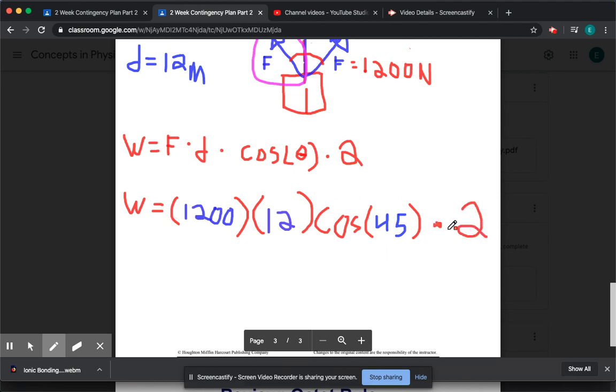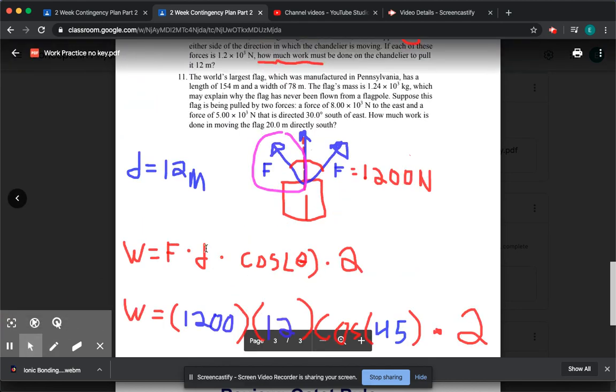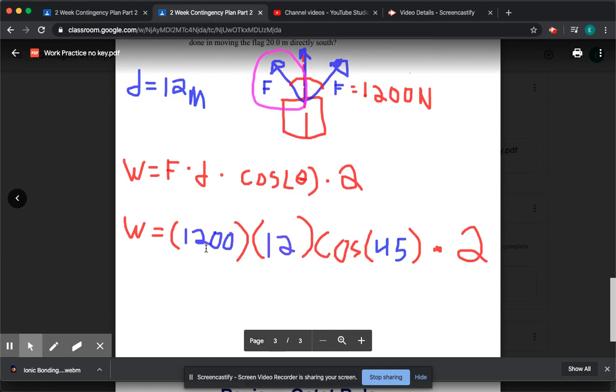You put that on your calculator, you will get your answer for number 10. Okay, that's number 10. I'm going to erase everything.